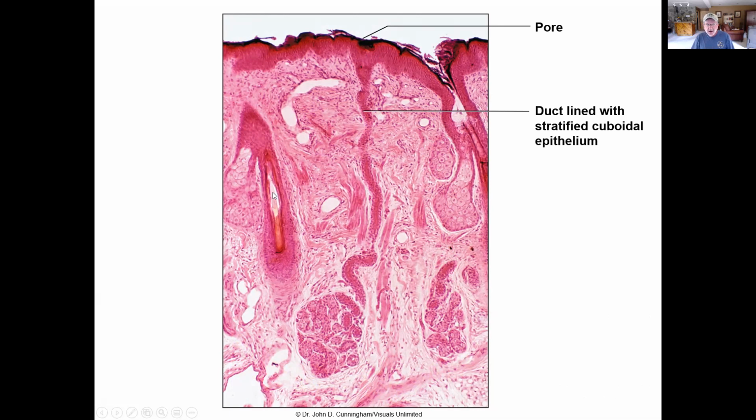What do we have here? Well, we've got a hair shaft. In fact, let's take a little quick mini test and see what we can find. We've already identified the hair shaft. What would be on the very surface, this sheath that wraps around the hair shaft? Remember? That's the hair follicle.